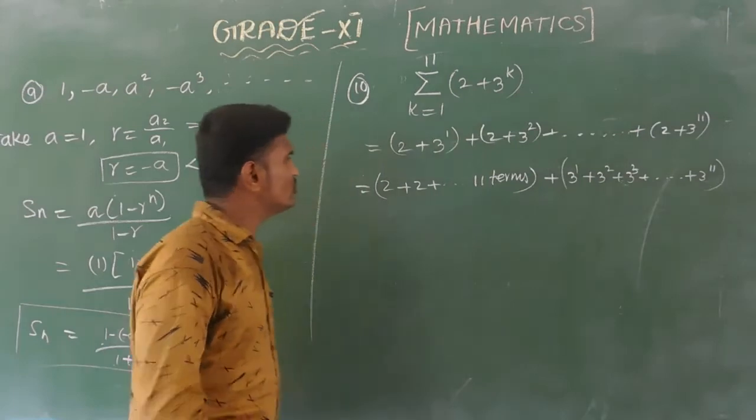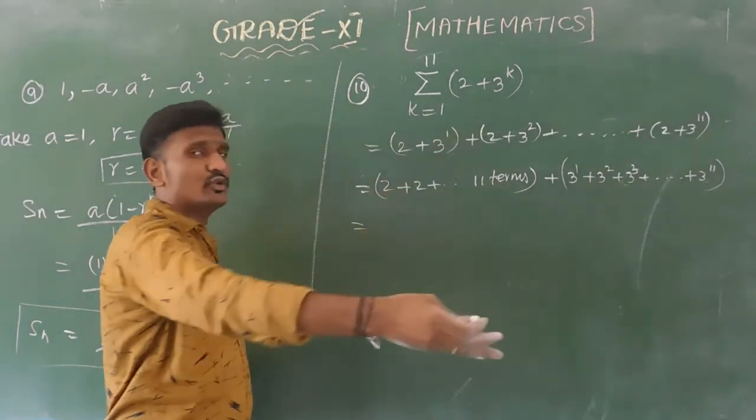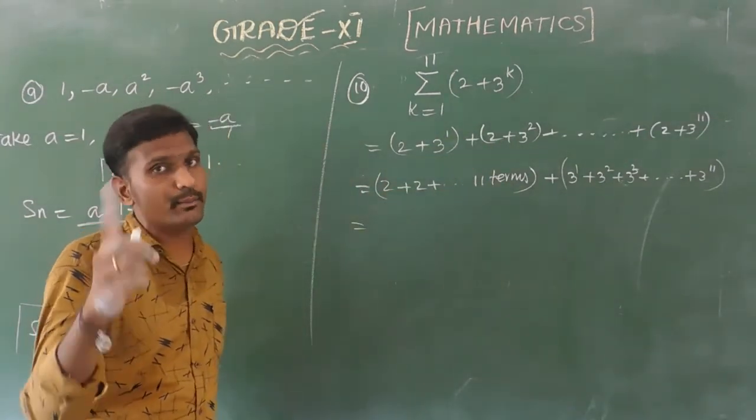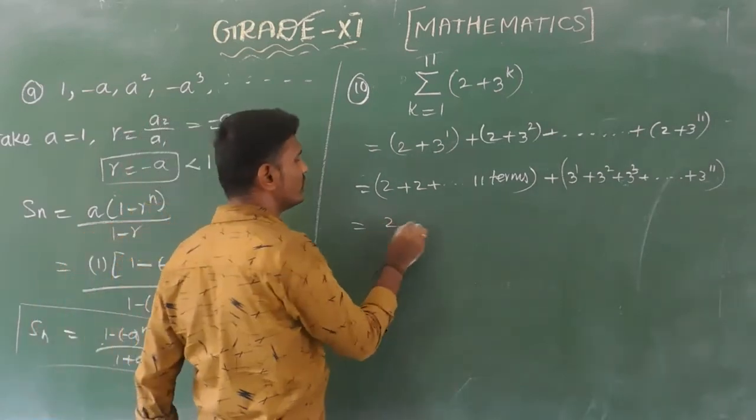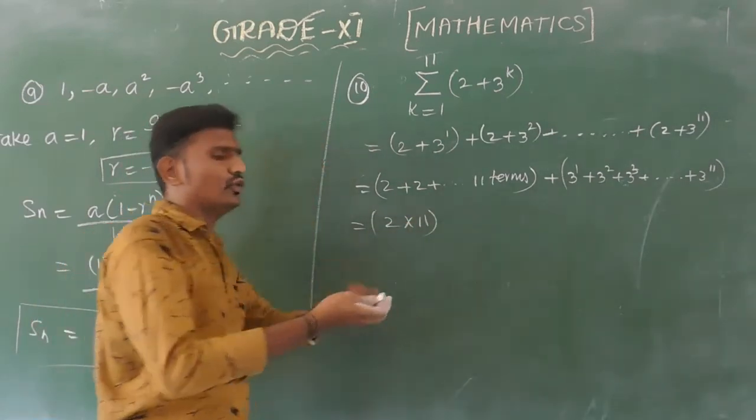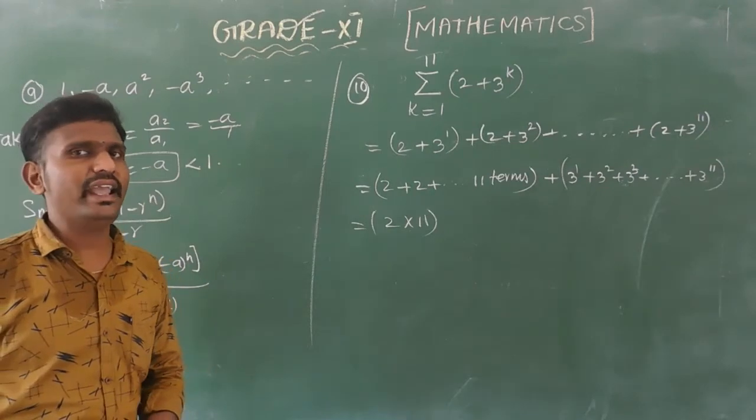See students, 2 plus 2 up to 11 terms, how many times will come? Multiples of 11, so 2 into 11, just multiply by 11.